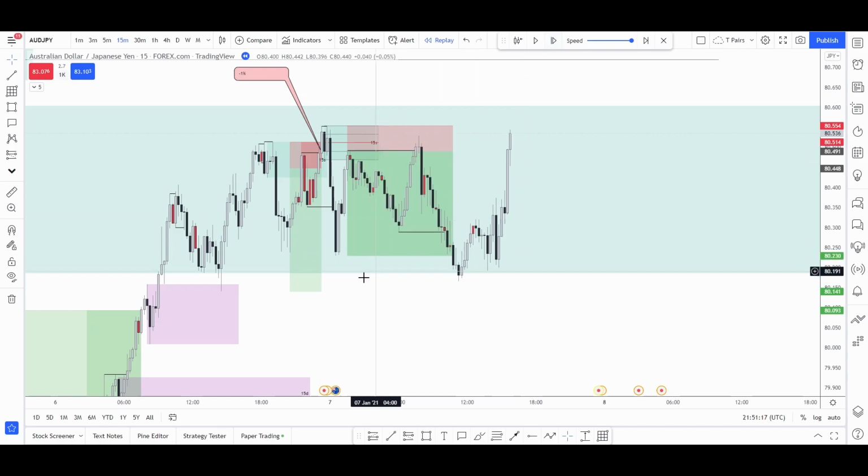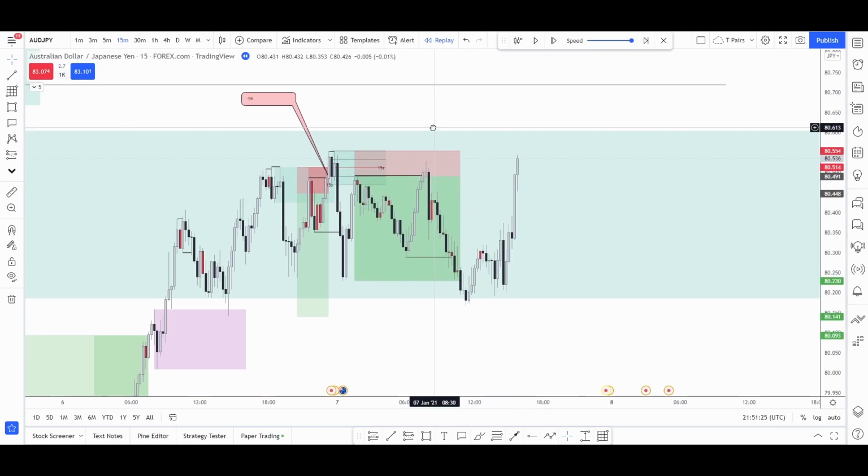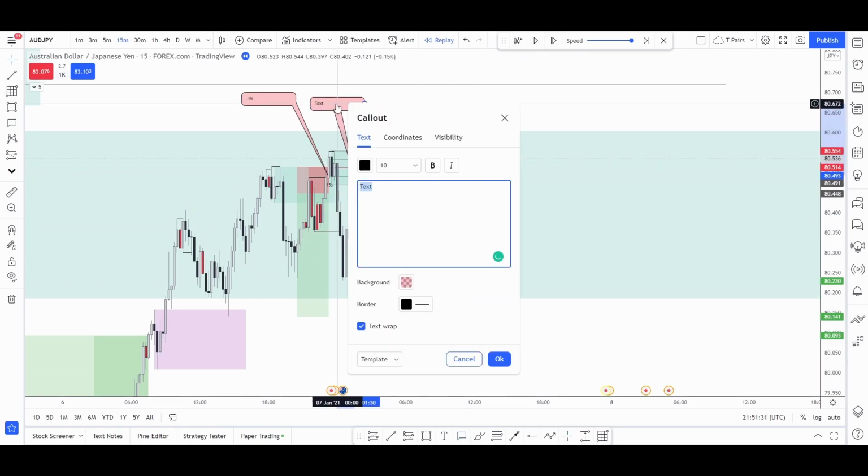Okay, good job we didn't target anywhere lower than this, because we'd be sweating right now. But yeah, anyway, let's just move that back to where it takes profit. Oh, I haven't drawn it on yet, so 4.14. Okay, not bad.